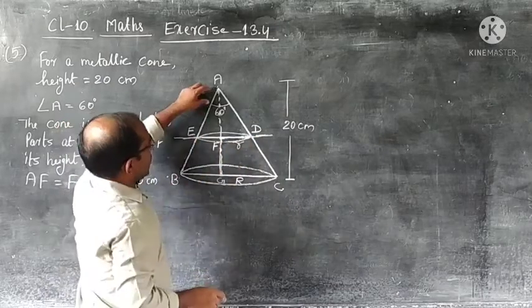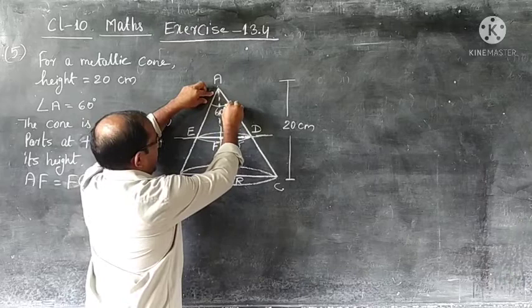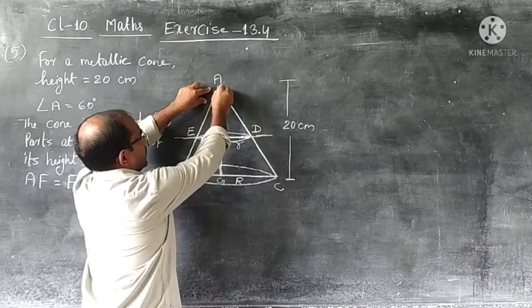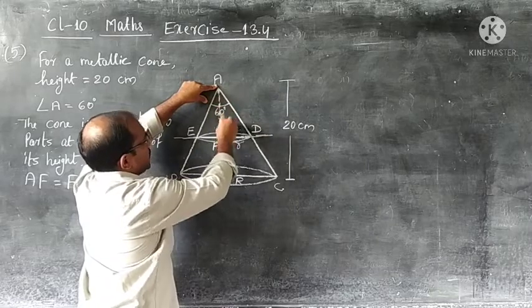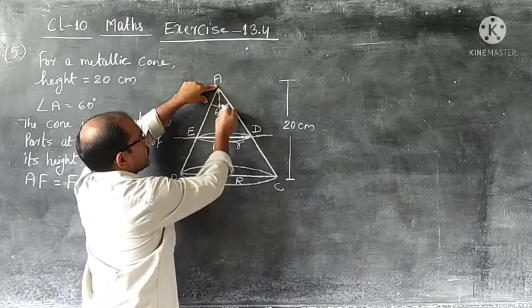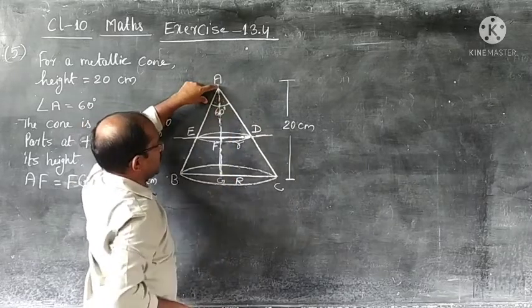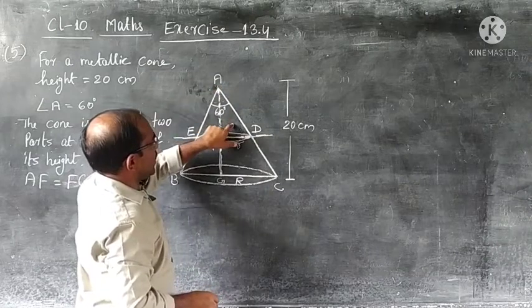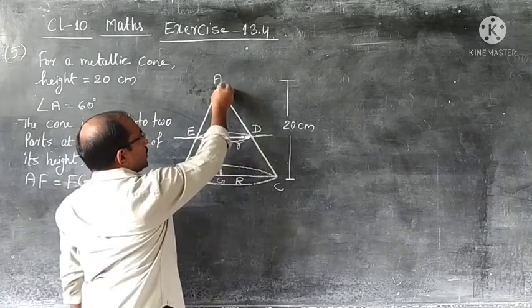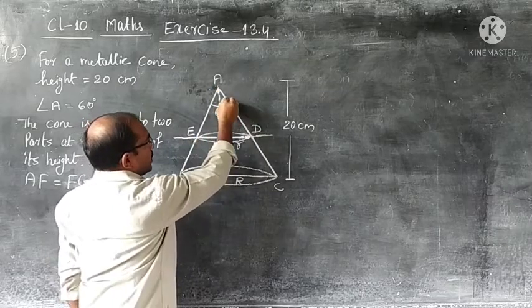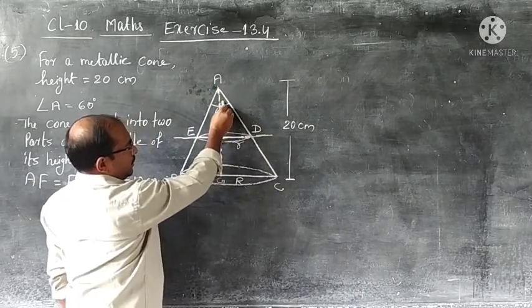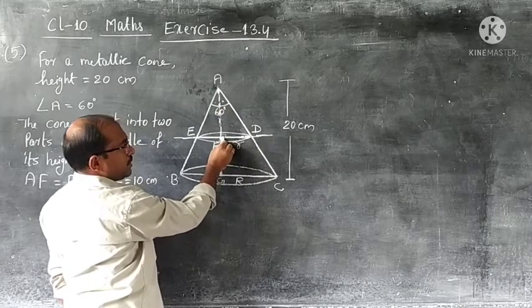Okay. Next, this is a 60 degree angle at this vertex A. This will be bisecting this angle. It will be the perpendicular bisector. So both parts will be 30 degrees. If we see in any one triangle, either AFD or AFE, this angle at the center will be 90 degrees.